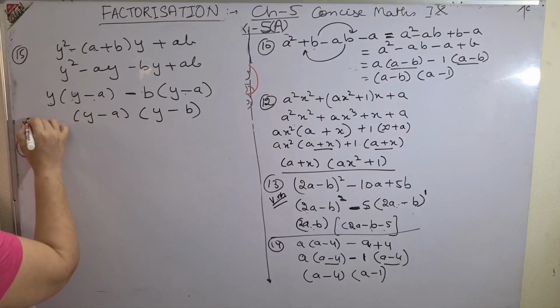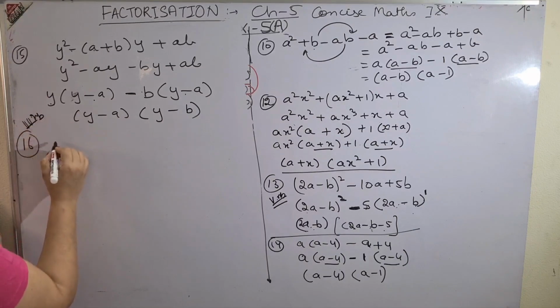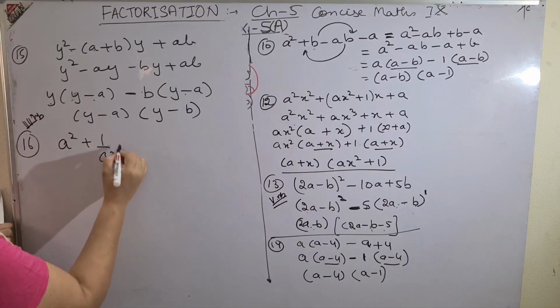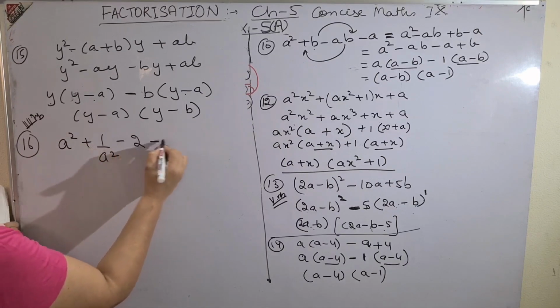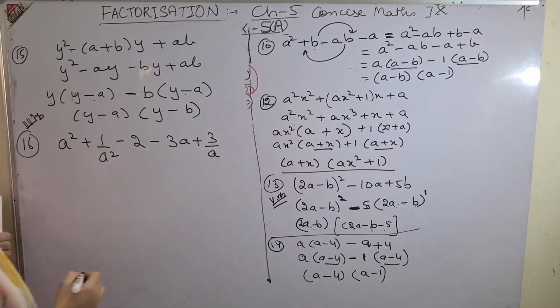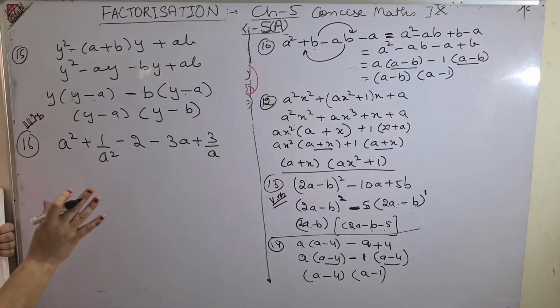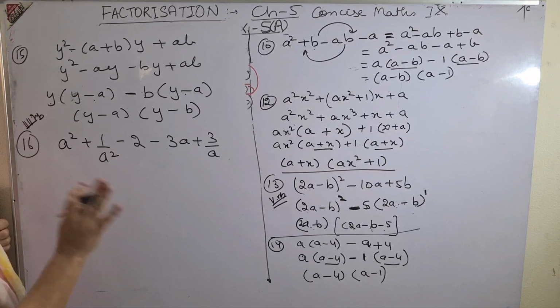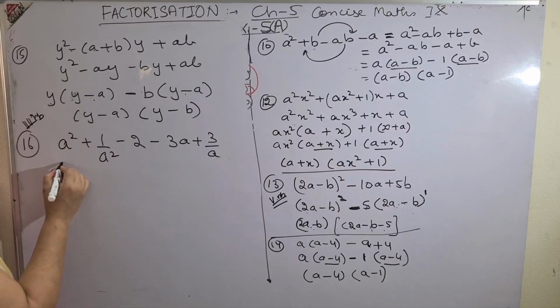16th, again a very very important sum for the paper, so many times it has been repeated. A square plus 1 by a square minus 2 minus 3a, and this is one of the very very favorite sums also, because this sum will give examiners the concept that you have understood it. See what to do in this sum.